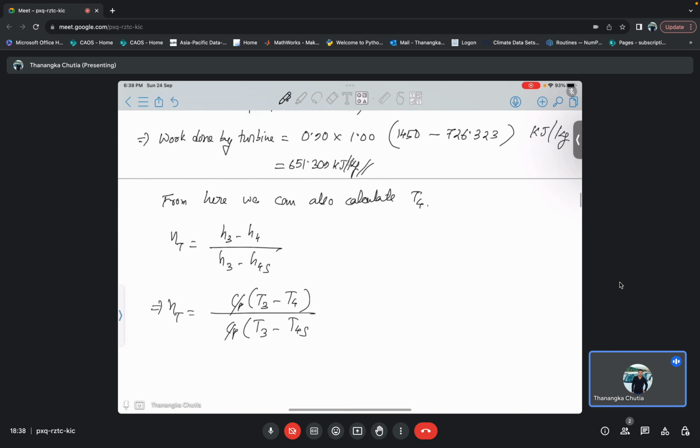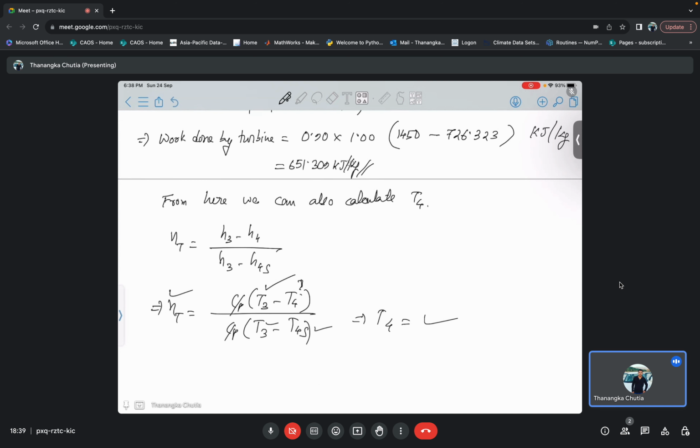We cancel this Cp. We know T3, we know T4s, we know eta T, and we have to calculate T4. So the actual temperature of expansion can also be calculated from this. The only difference of this question with the previous two questions is that here the expansion process in the turbine is not reversible adiabatic, or we can say it is not isentropic.